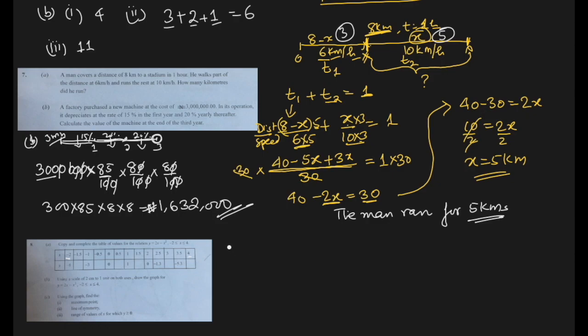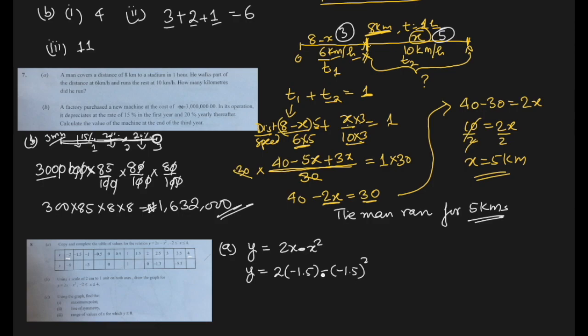So the first I'm doing here, I'm replacing negative 1.5 in this equation, which is y equal to 2x minus x square. So y equal to 2, x is negative 1.5 for us. So negative 1.5 minus negative 1.5 square. Please be careful.